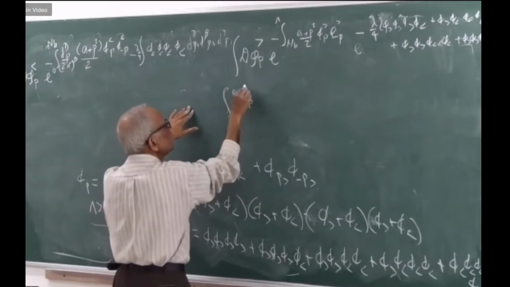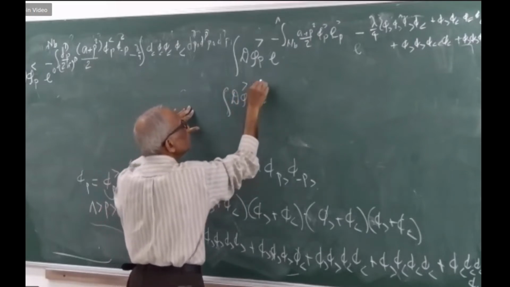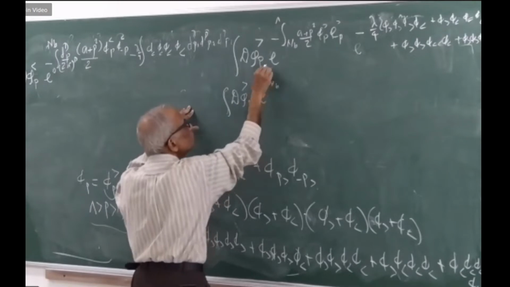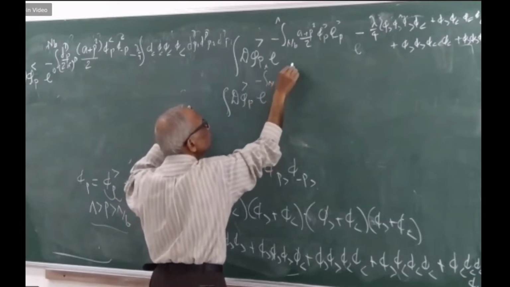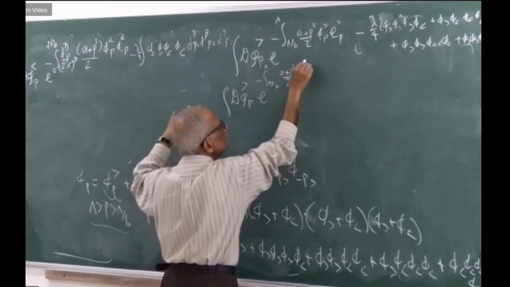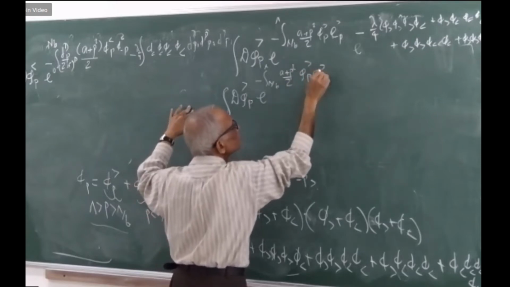d phi greater e to the power minus this lambda over 4 (a plus p squared) by 2 phi greater phi minus p greater.